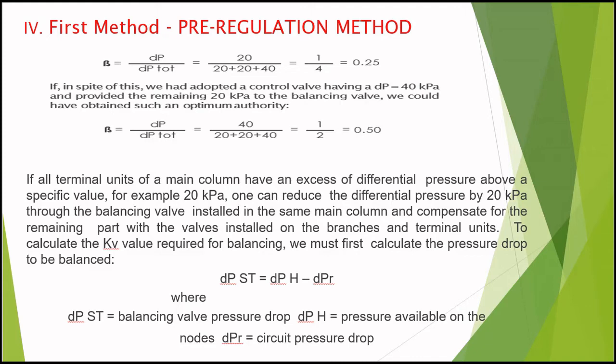To calculate kV, dPST equal to dPH minus dPr. dPST is the balancing valve pressure drop, dPH is the pressure available on the nodes, and dPr is the circuit pressure drop.